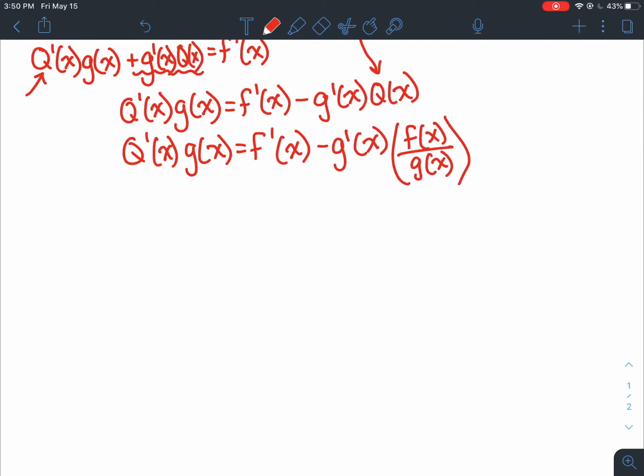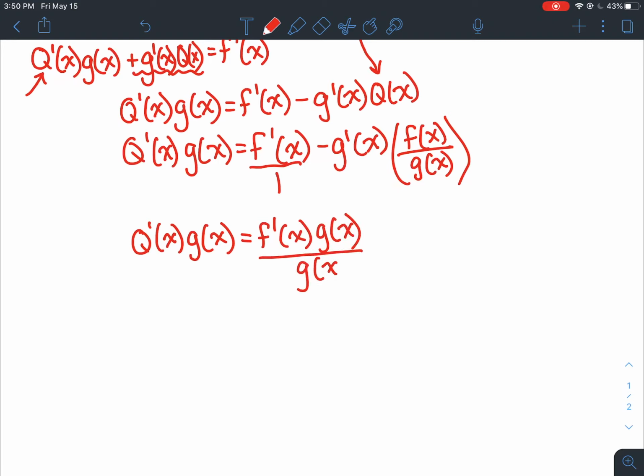Now I'm going to get a common denominator for these two fractions. That's over 1. So q prime of x times g of x is equal to, I'll multiply the first term by g of x to get a common denominator, so f prime of x times g of x over g of x.